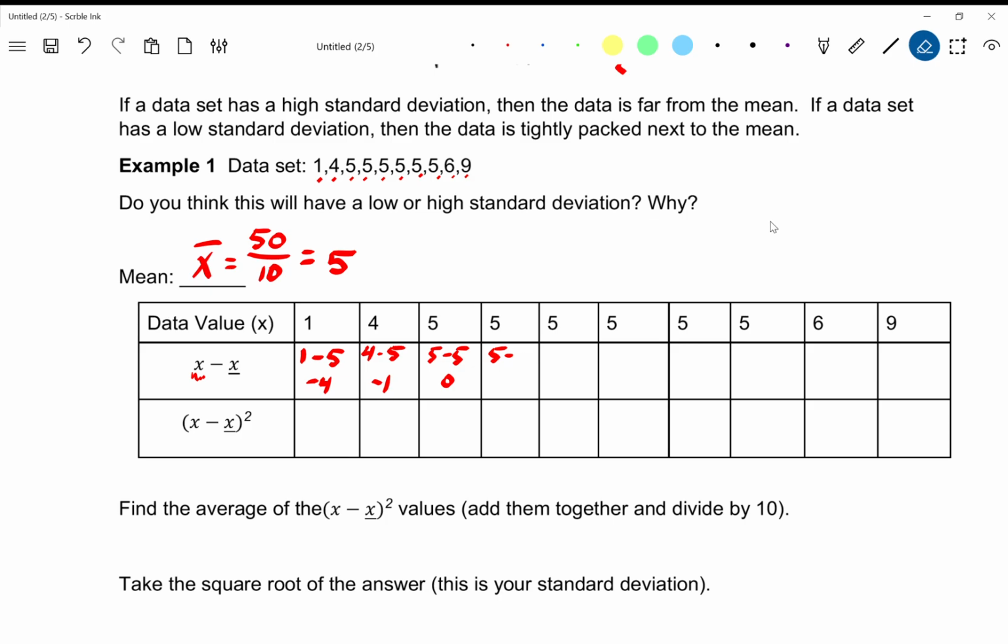That's me trying to talk and write at the same time. Okay, 5 minus 5 is 0. I'll be honest, this is really easy math here. I like this part. Okay, then we get to some numbers that are bigger than 5, so our difference will be positive.